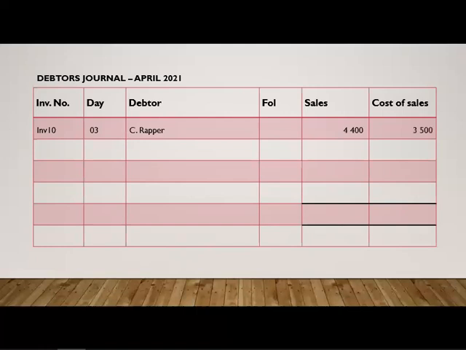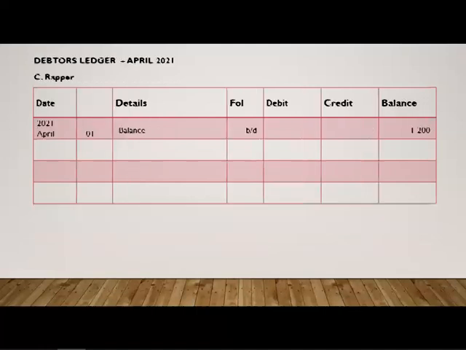I won't stop here. I will go straight to C Repa's debtors ledger account. And in this ledger account, I will write the date, which is the 3rd, and that was invoice number 10. It will be coming from the debtors journal.